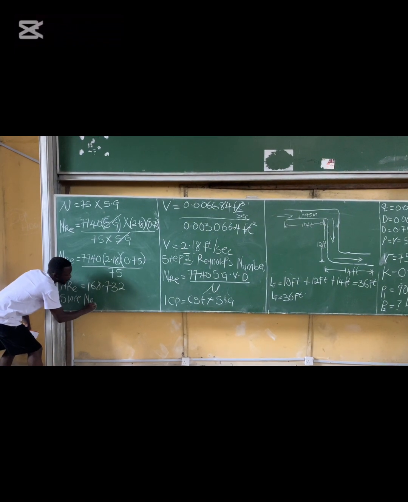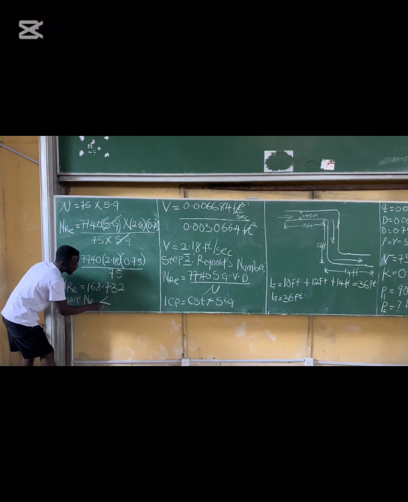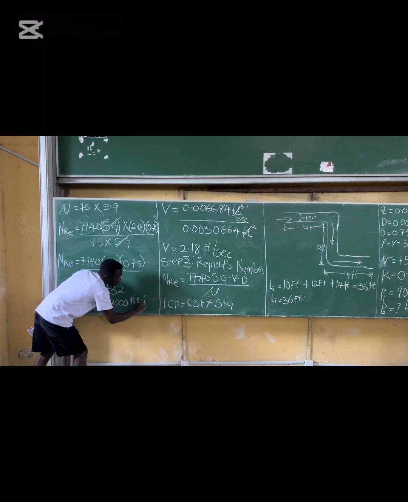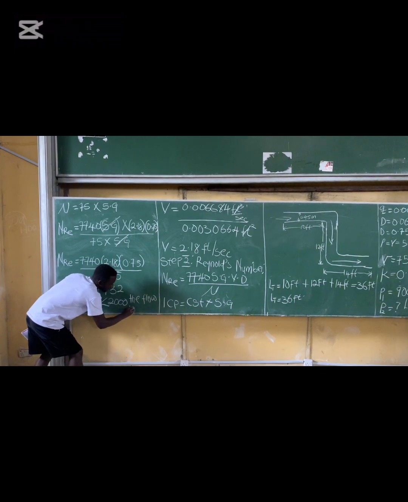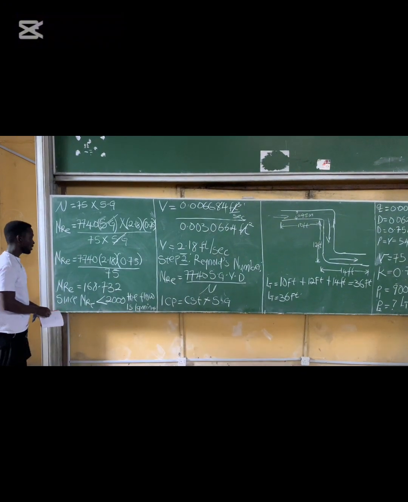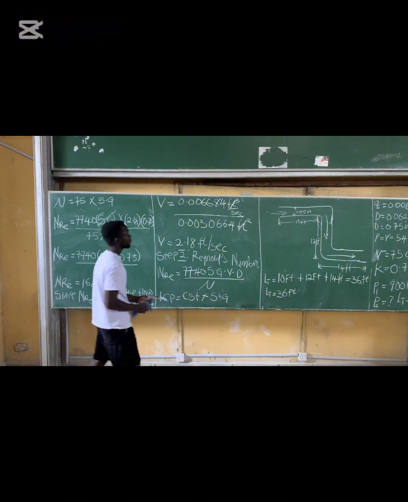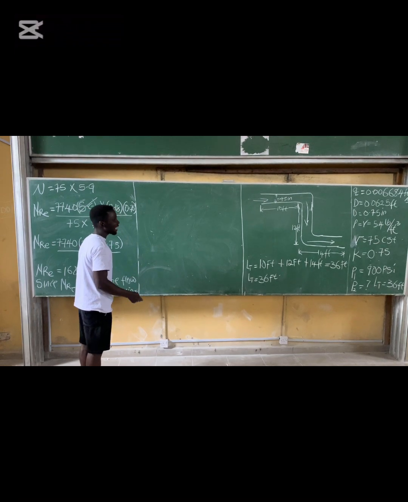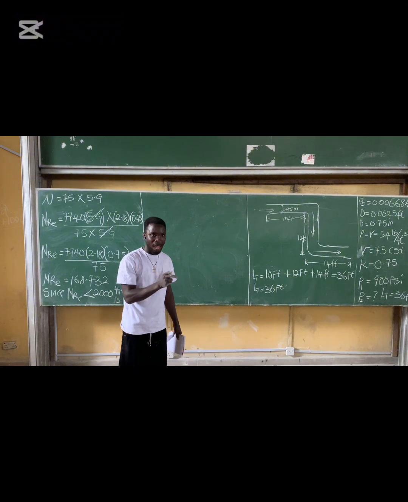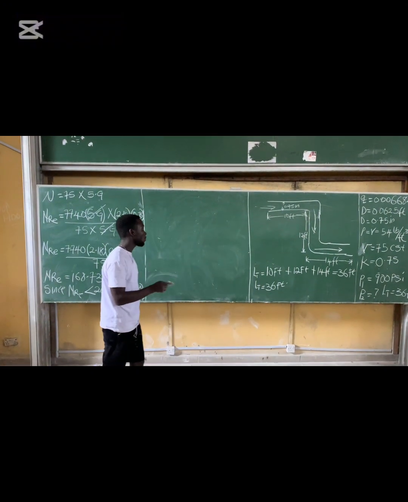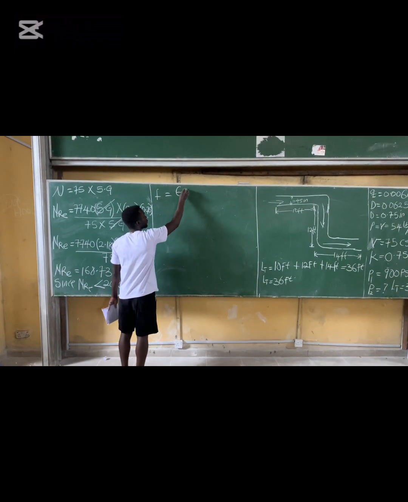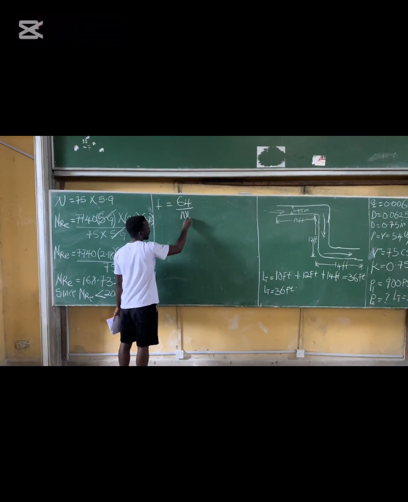So therefore, since our Reynolds number is lesser than 2000, the flow is laminar. Laminar flow has its own friction factor formula, and turbulent flow has its own friction factor formula. Now, for laminar flow, we said that the friction factor f is equal to 64 divided by Reynolds number.